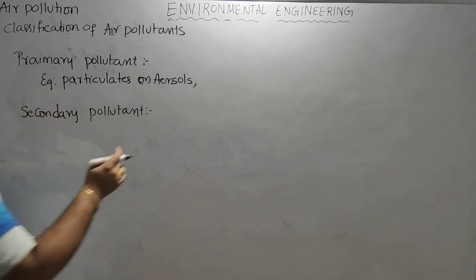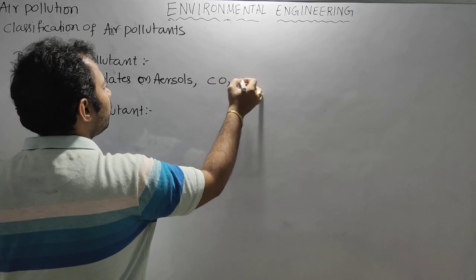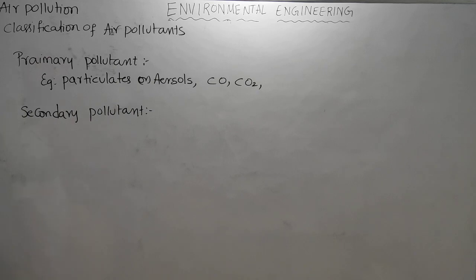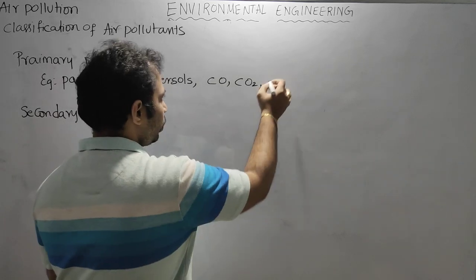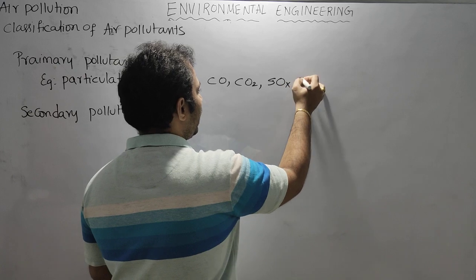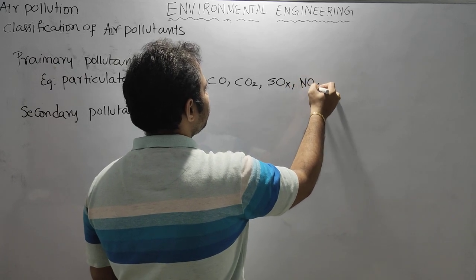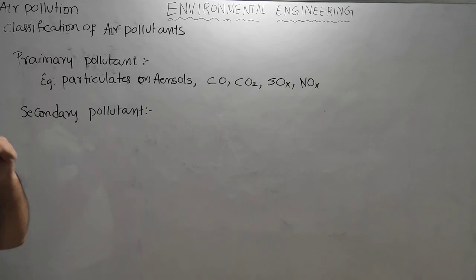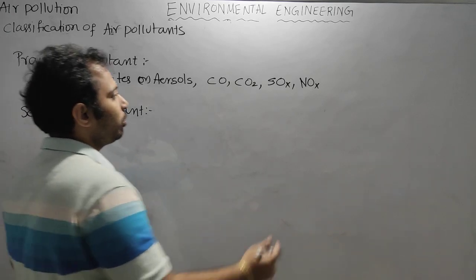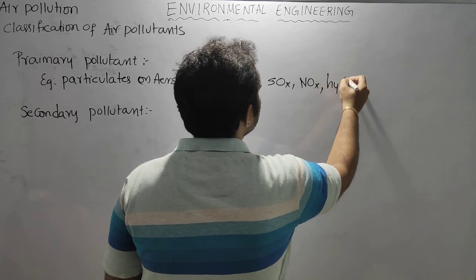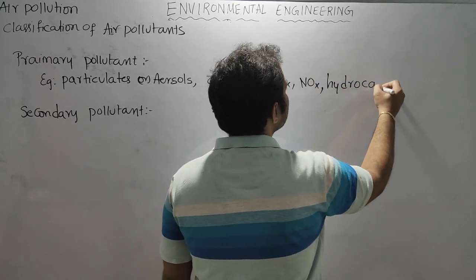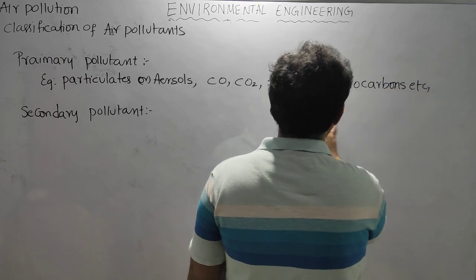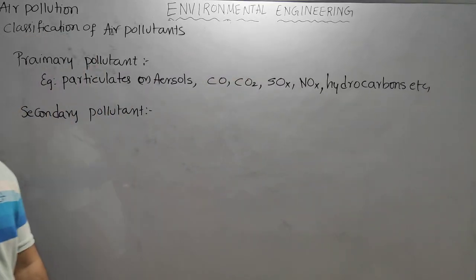Okay, so next is CO, carbon monoxide, carbon dioxide, and also NO2, NOx, SOx, sulphur oxides and nitrogen oxides. So these are all different kinds of primary pollutants.